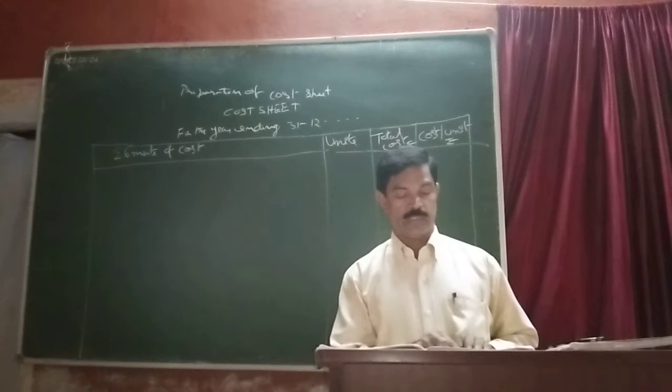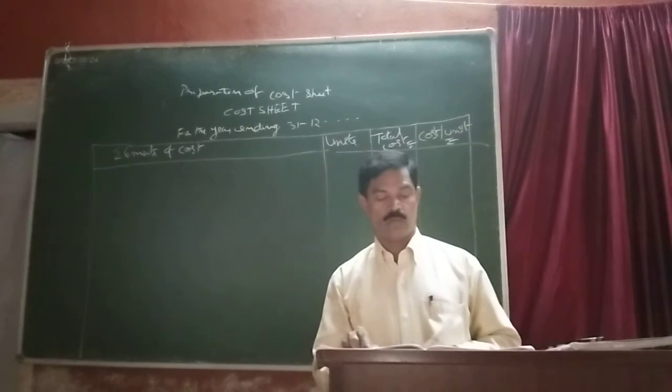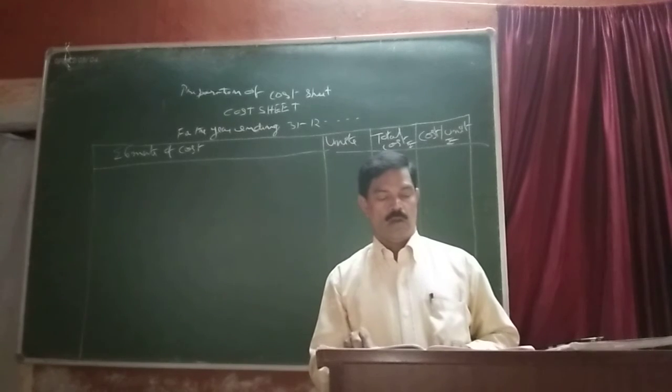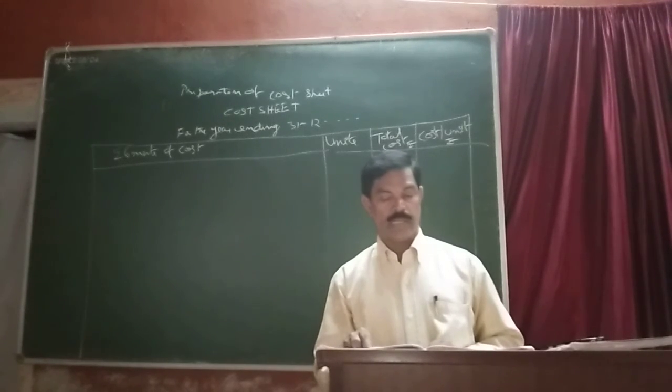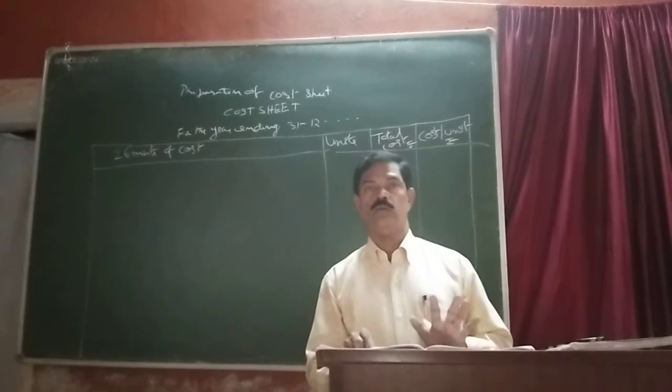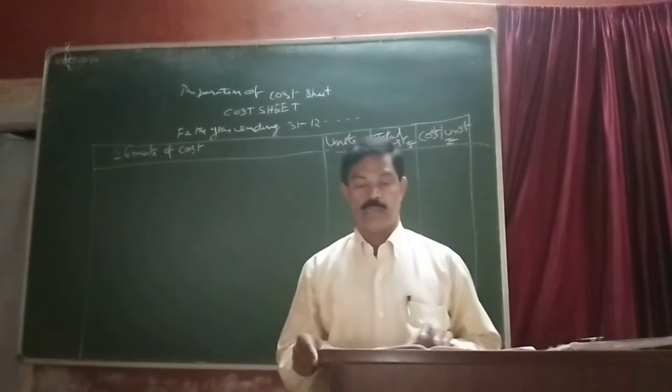Then instructions in this respect should be carefully noted from the language of the question. If it is valued at works cost, factory cost, then opening and closing stock will be adjusted as follows. So how is the work in progress adjusted?